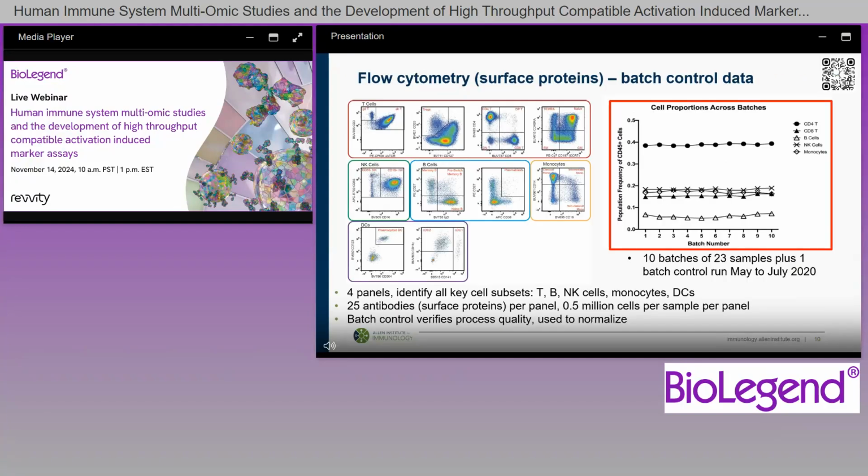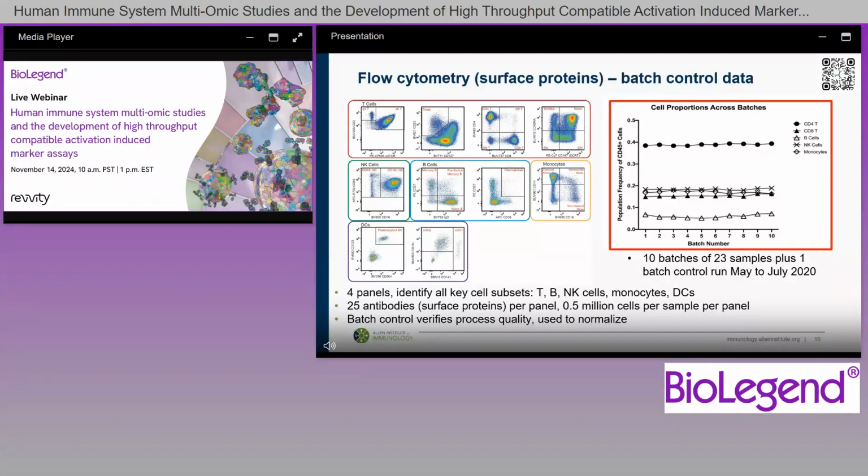And so looking through at the flow cytometry data, those 4 panels that were developed, they all have cross-panel markers to identify key cell subsets. And so we're looking at T cells, B cells, NK cells, monocytes, and dendritic cells through that.